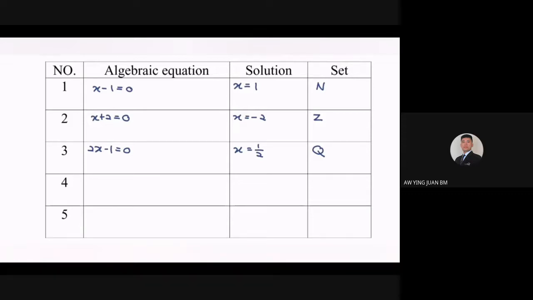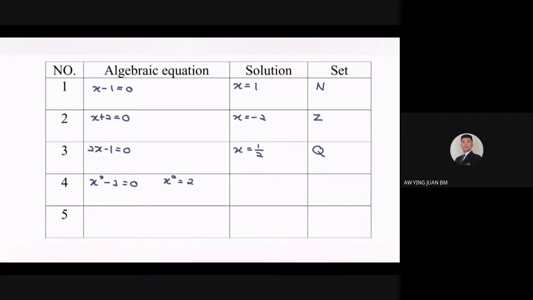Another example where we have x squared minus 2 equals 0. What is the solution for this algebraic equation? Now we have to make use of a strategy in order to find the solution, where we transfer the negative 2 from the left to the right. So we obtain x squared equals 2.